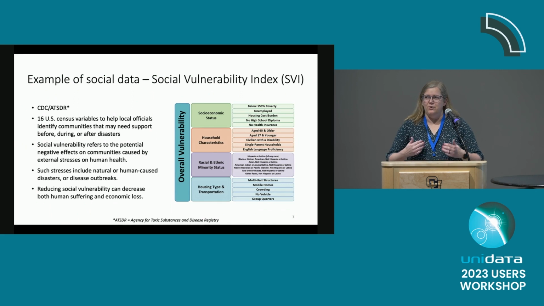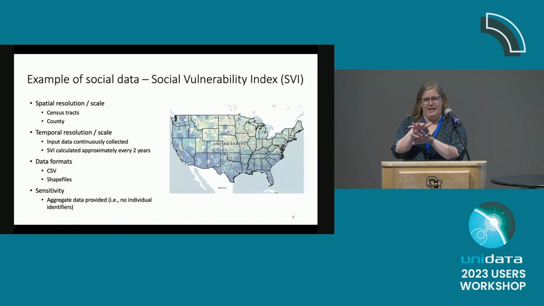And whereas I don't usually use the index itself, I don't like using indices I didn't make myself, a lot of the input data you can see here about socioeconomic status and household characteristics can be really useful when you're doing research and want to look at overlaying weather and maybe certain vulnerabilities like high winds and mobile homes.